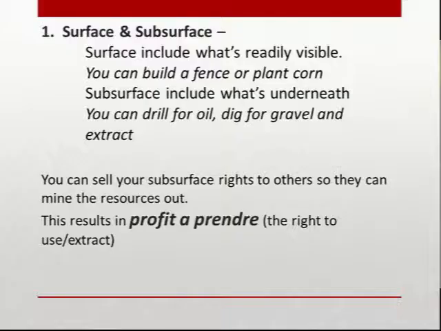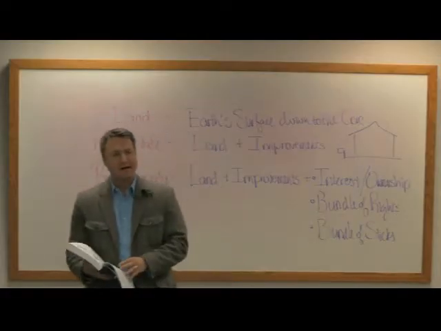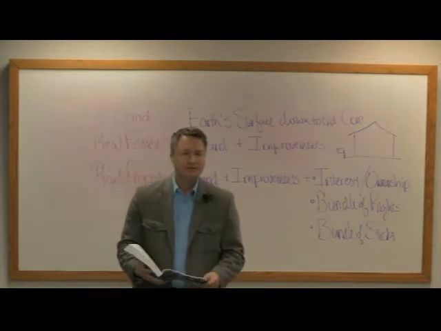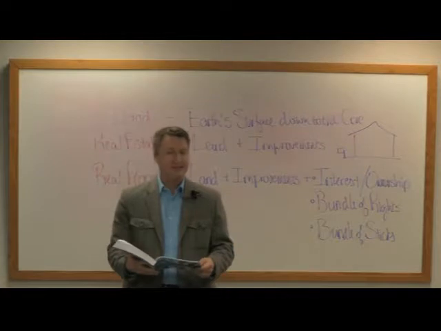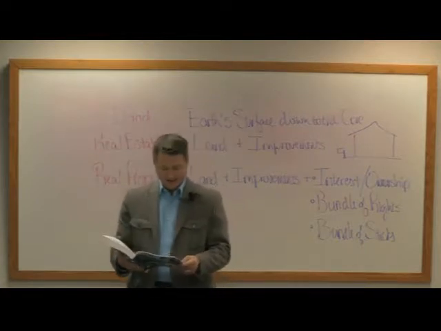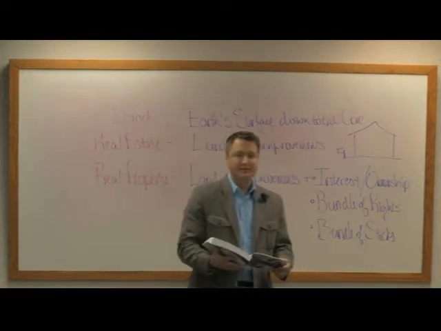Some of those rights that we have are surface and subsurface rights. If you were to look in the book on page 20 at the bottom, you'll see a picture. It says the rights in land. You'll see a house. Above it are air rights.